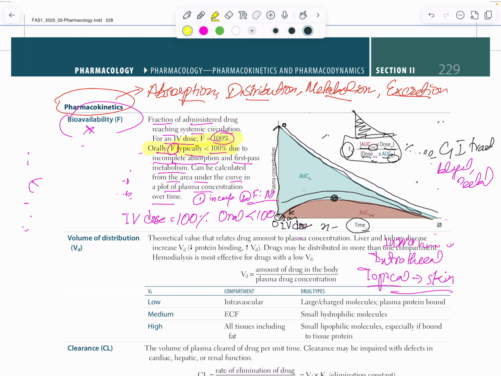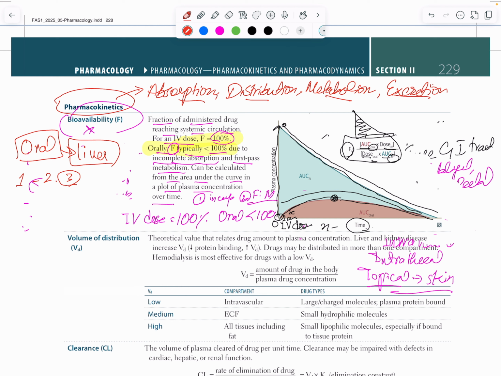Now let me explain first pass metabolism. When you take any drug orally, that drug is absorbed and goes to the liver. Some drugs are rapidly metabolized in the first pass. The liver has some zones: first, second, and third.